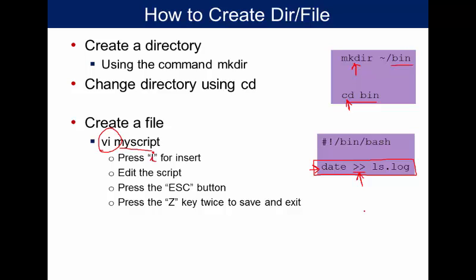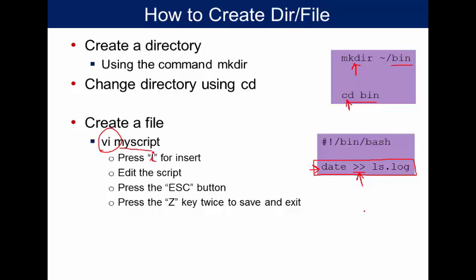What is that? Single greater than sign creates a file. That is, instead of displaying the outcome on the terminal, we want to save it in a file. So greater than sign followed by file name, then the outcome of the command will be saved in that file.